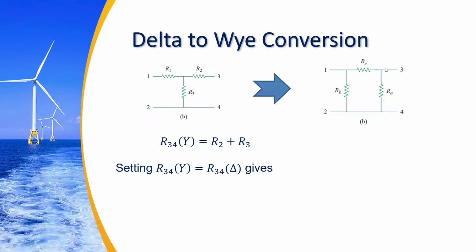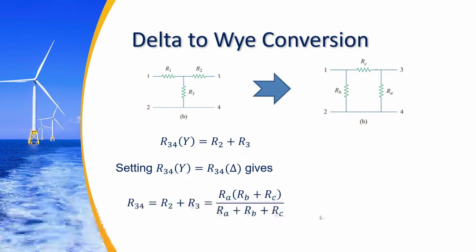So, magbibigay yan ng R34 is equal to R2 plus R3. So, kukuha na natin yung parallel combination ng RC, RB at ng RA. So therefore, kunin muna natin ng series itong RC, RB, then iparallel natin kay RA. So ang result, RA multiplied by RB plus RC over RA plus RB plus RC. So that will be our equation number 3.